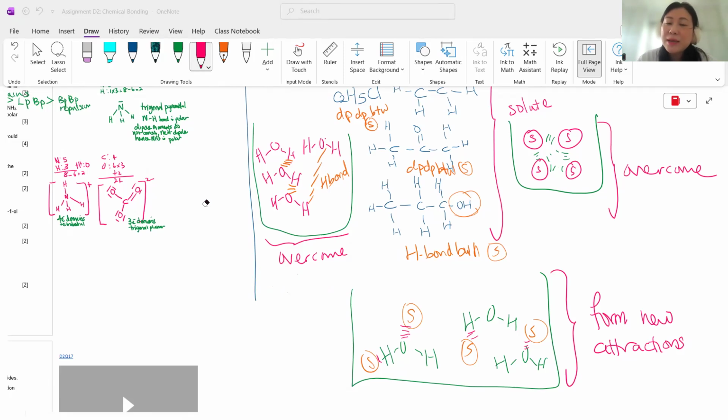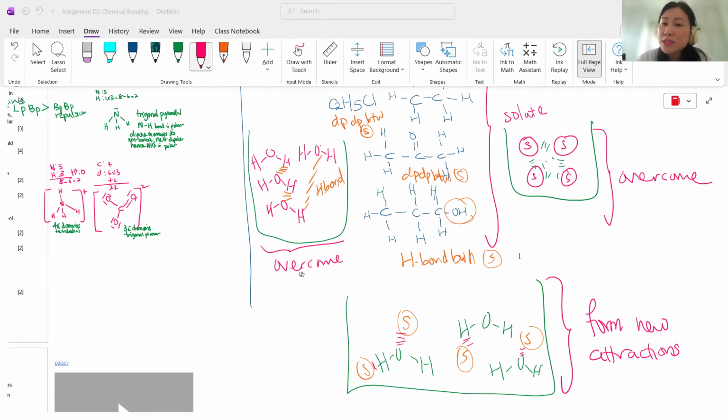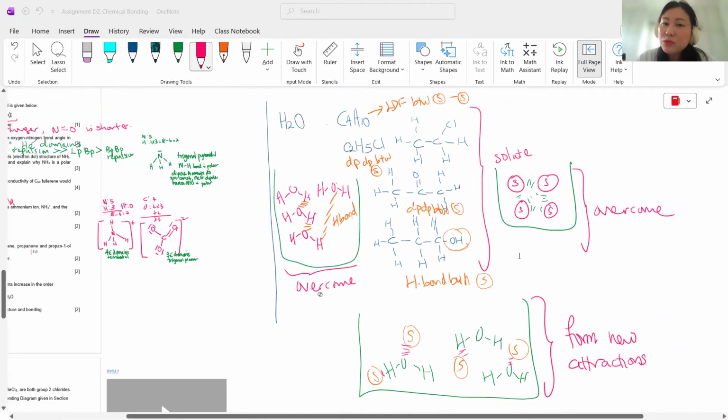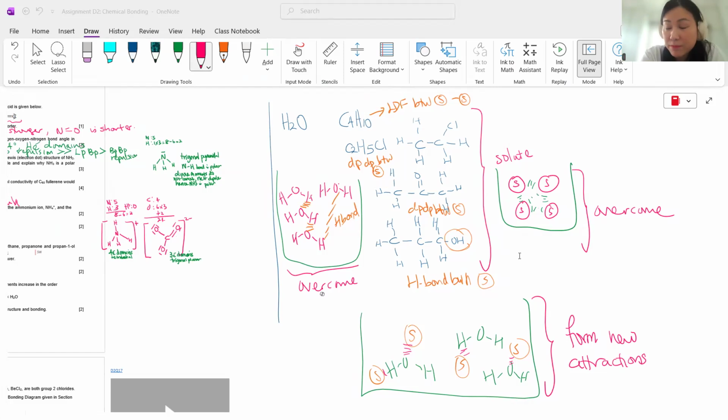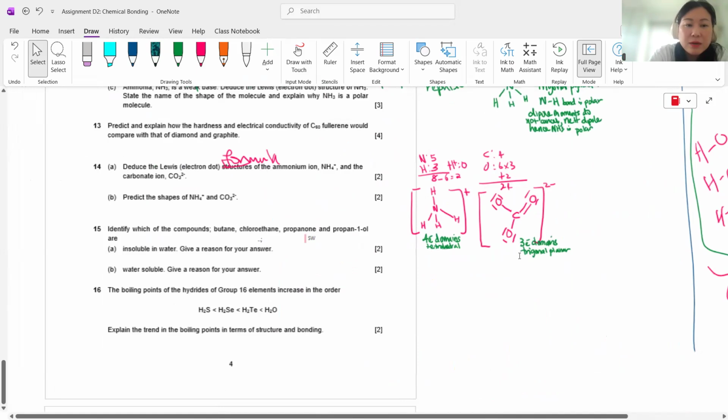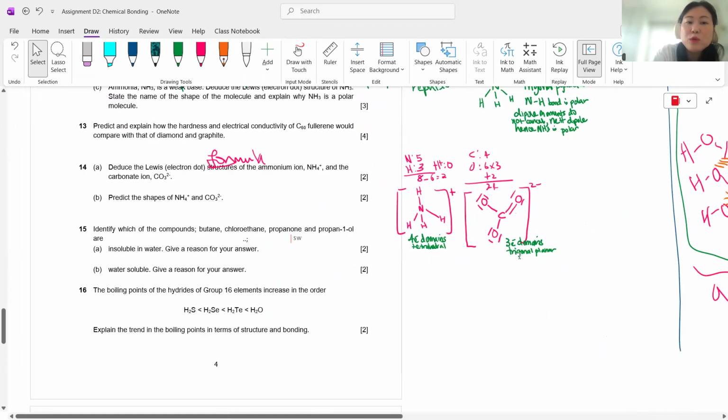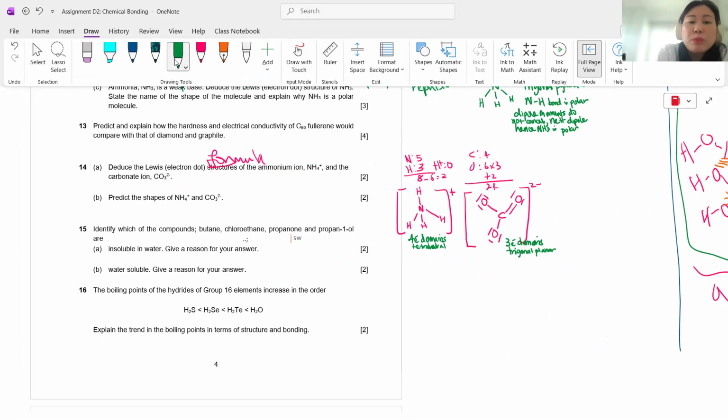But in the actual exam, you don't need to write such long stories. You just need to write down whether this thing is able to form hydrogen bond with water and therefore is soluble or is not soluble. So if we go back to each one, we have butane. Butane is non-polar, so it is most probably only able to form London dispersion force with water.